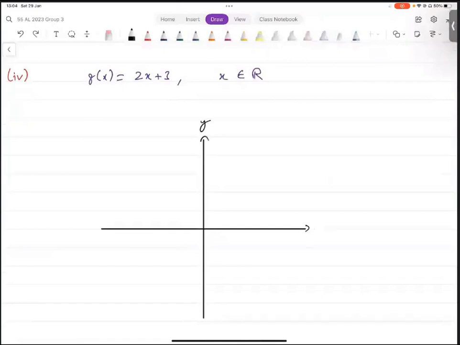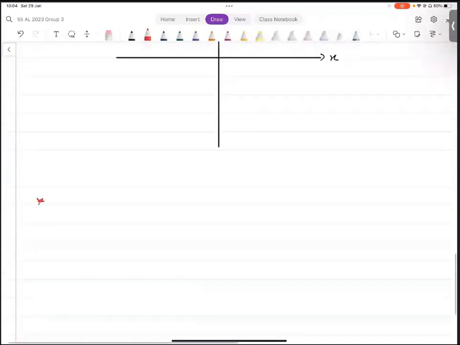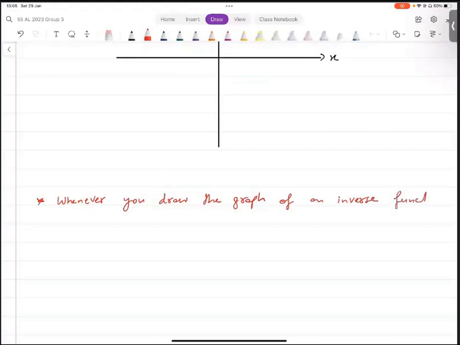Now, here you have to remember one thing. Whenever you draw the graph of an inverse function, you need to use a square grid.